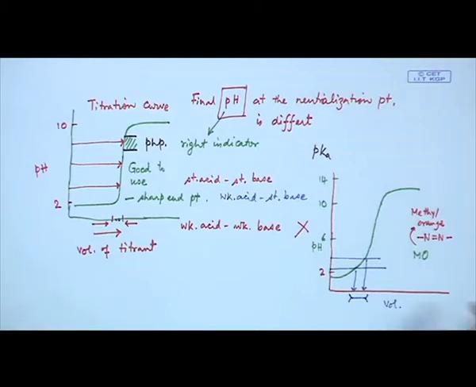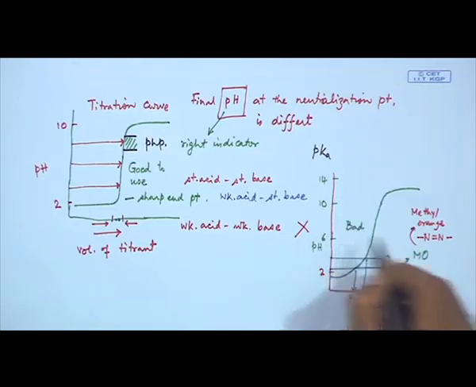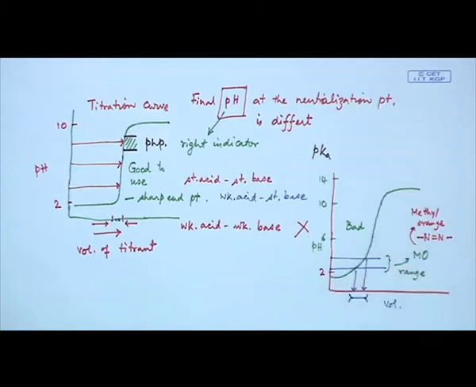So, use of this particular range, which is the MO range, that means the range for the indicator methyl orange, is not good. Therefore, we label it as bad to use, because the detection is not very distinct.